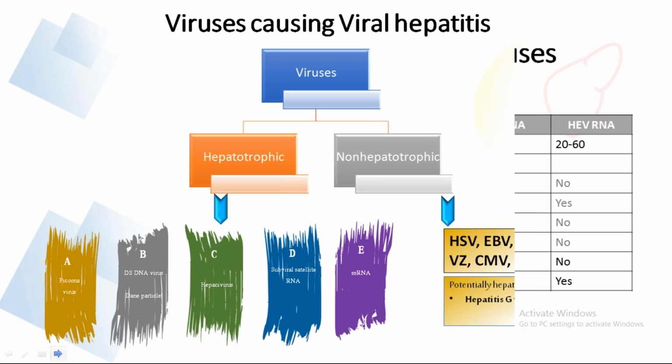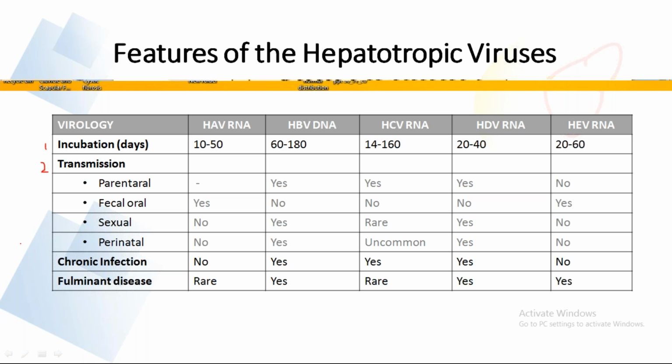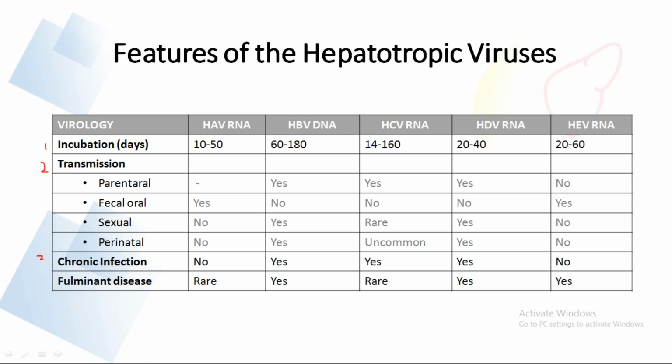So this is a general outline of all these five viruses, because, in a nutshell, I put them in one single table, which is very easy to follow. You need not remember exact figures, just the incubation period. Because these are common for all these viruses, I put them in a single table.